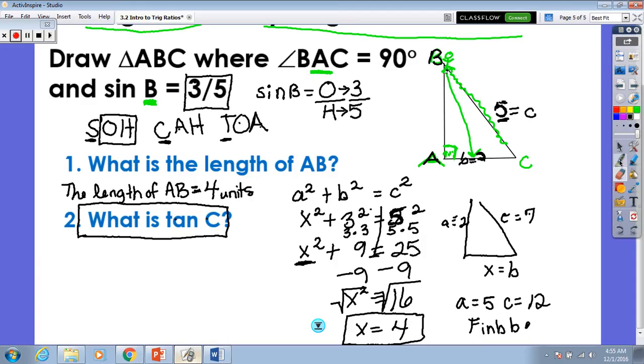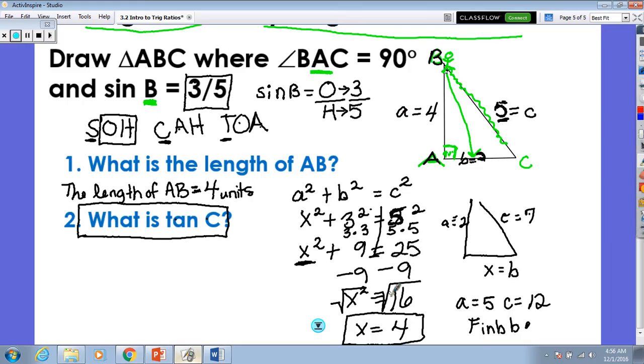Okay, so A is 4 because we just found that out from the previous problem. B was given to be 3, and C is 5. This is what we call a Pythagorean's triplet. 3, 4, 5 is one of the special numbers that you know always make Pythagorean's theorem true.